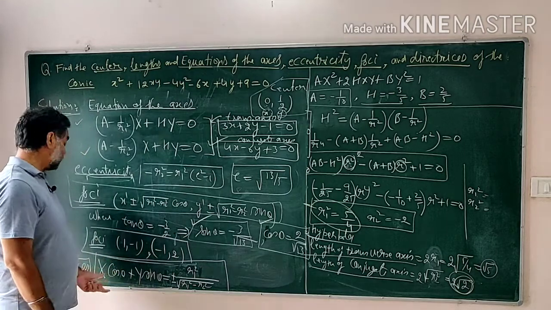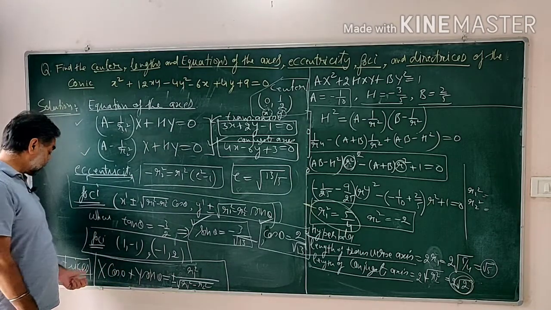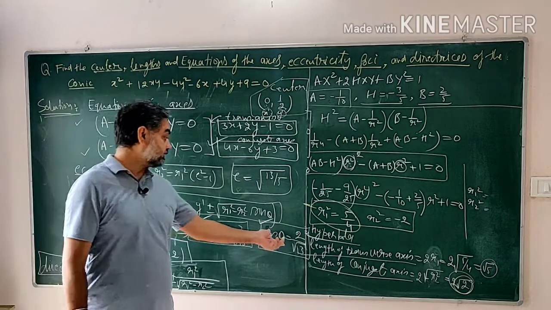This gives you the equation of the two directrices, because the values of cos theta and sin theta are given.